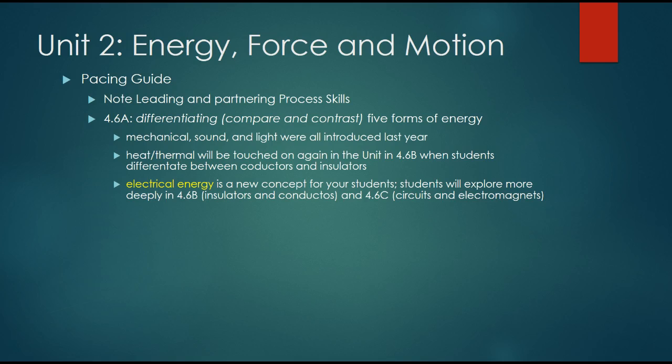So you're going to want to linger a little bit longer in that 5-day time on electrical energy, being that it's brand new. They will explore that more deeply when they go into the next piece of the unit with insulators and conductors, and then looking at building circuits and electromagnets. So another thing to keep in mind: you can think of this as an introduction to that form of energy and then exploring that a little bit later.